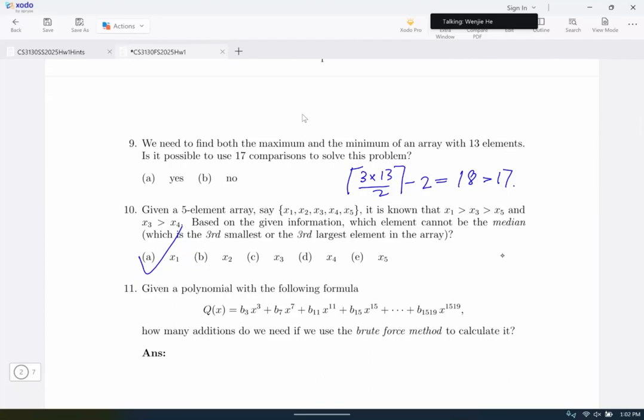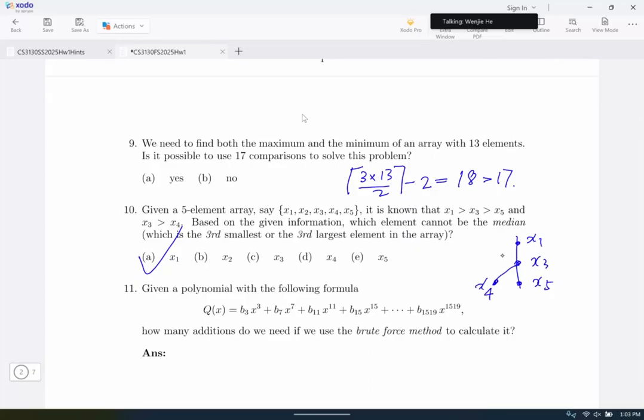In this situation, you should draw a simple diagram. X1 greater than X3, then greater than X5. You also know X3 greater than X4.